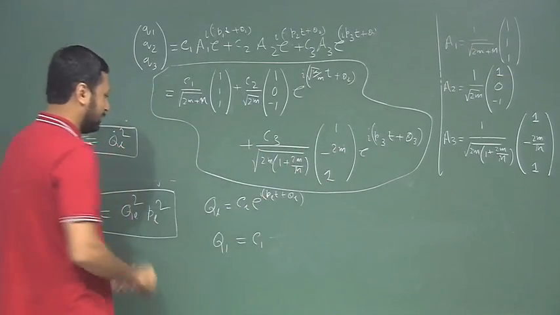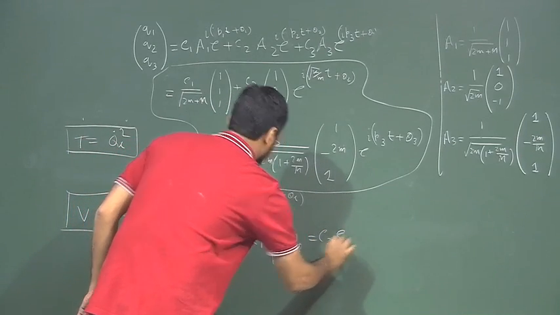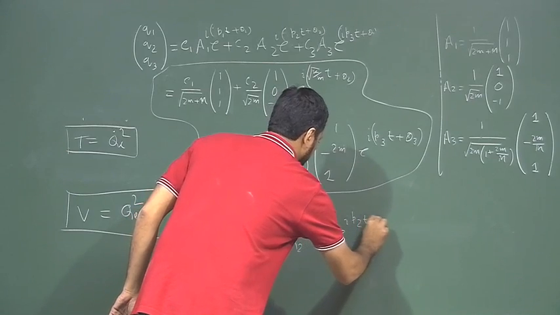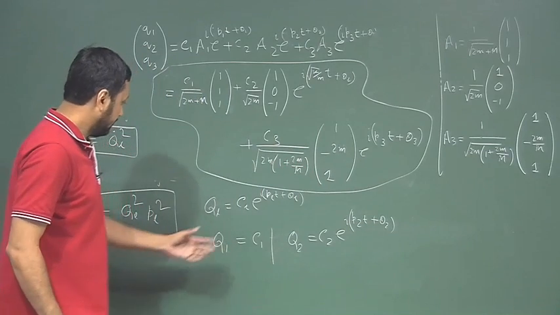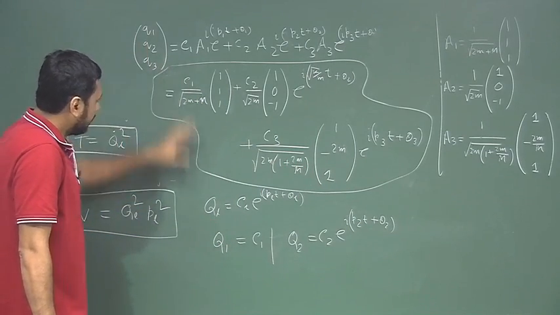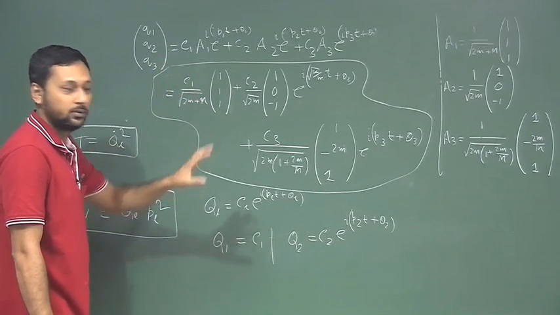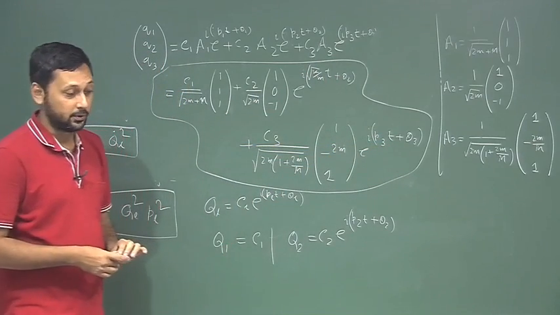Q2 will be C2 e to the power i (P2 t plus theta 2), and the same for Q3. So, these are my three normal coordinates. Now we have solved this problem in principle in terms of normal modes, and we have found the normalized amplitudes. So, this problem is in principle solved.